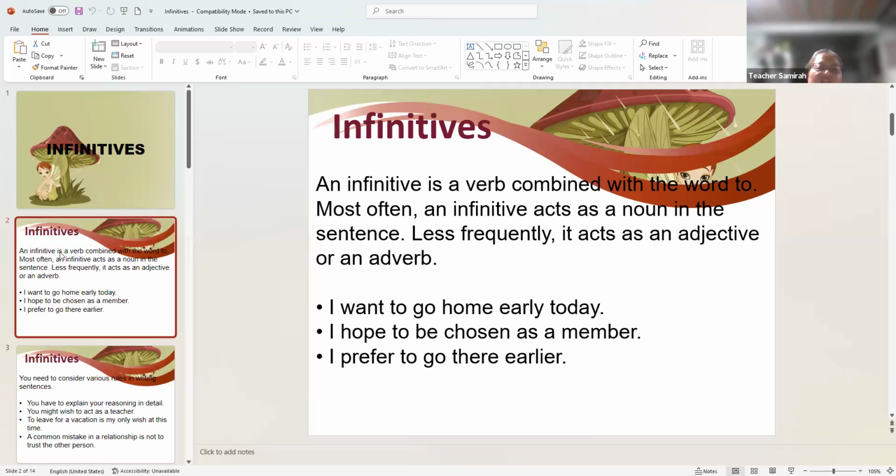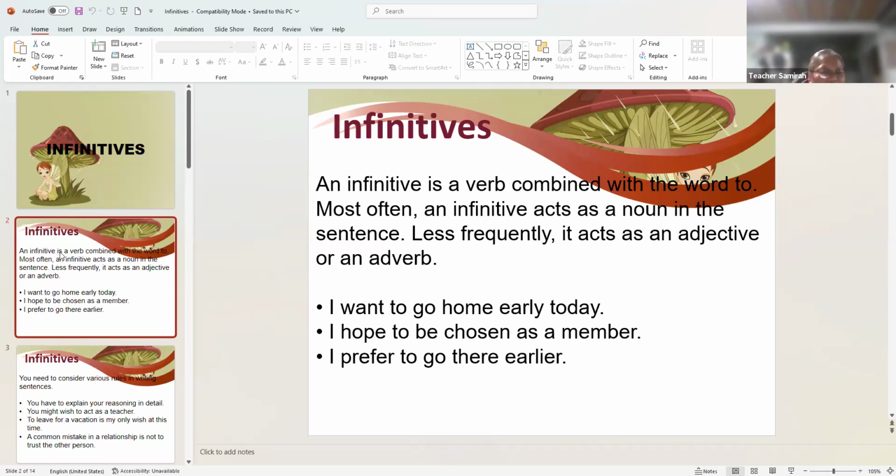So if you look at it, again, an infinitive is also a verb wherein it is being combined with the word to. But most often, it acts as a noun in the sentence. So it's just like a gerund, wherein the gerund and the infinitives both act as a noun in the sentence.